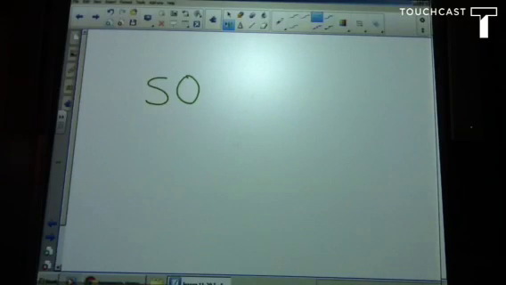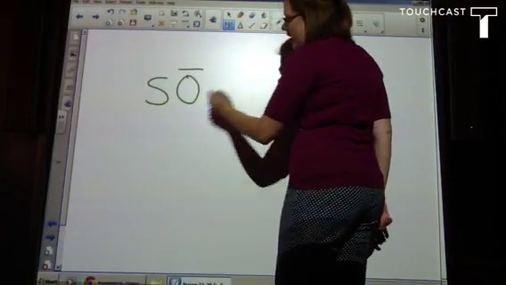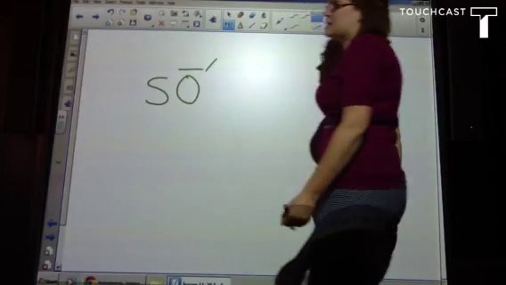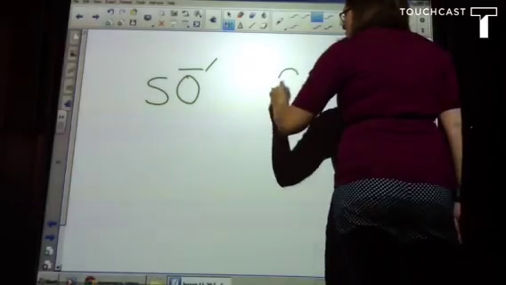An O. Okay. Is it short or long? Long. We know it's long because it is open, there's nothing after it, and accented. We know it's accented because there's nothing after it. And every word is accented, even if it's only one syllable. Let's try one more.